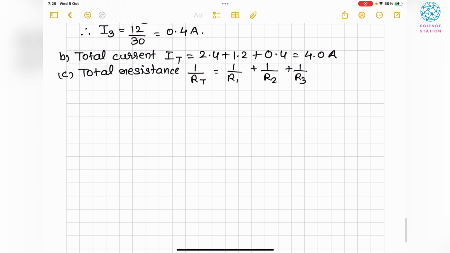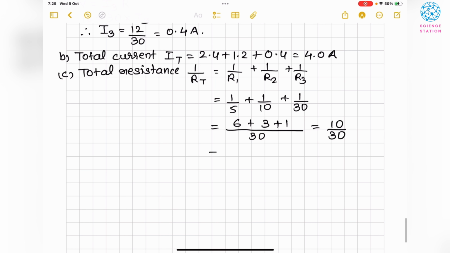Putting the values, this will be 1 upon 5 plus 1 upon 10 plus 1 upon 30, doing LCM as 30. So 6 plus 3 plus 1, that is 10 upon 30, which is equal to 1 by 3. So 1 upon RT came as 1 upon 3. Therefore RT equal to 3.